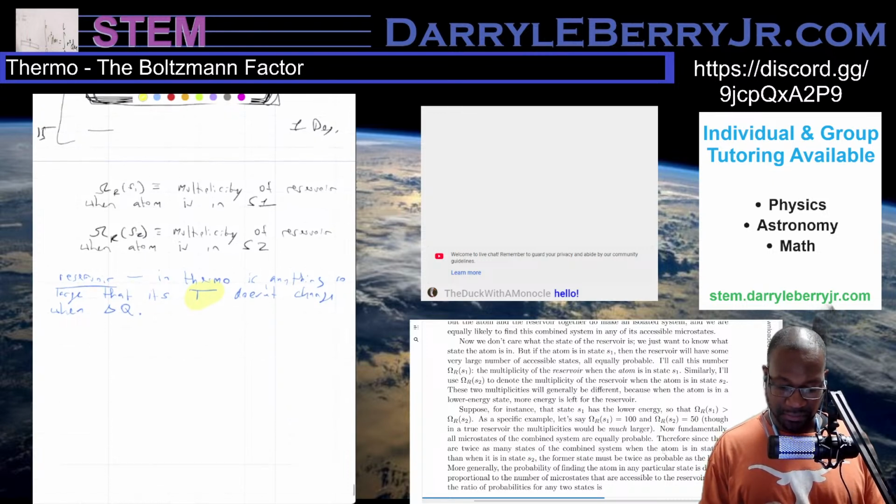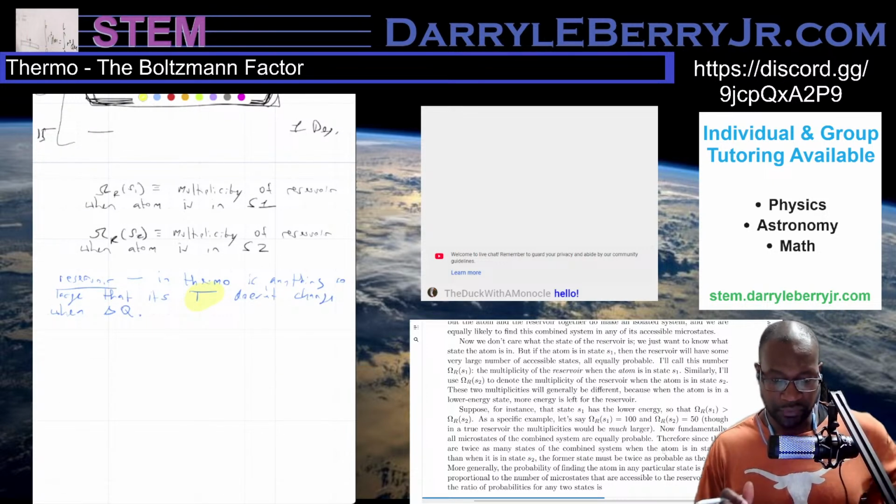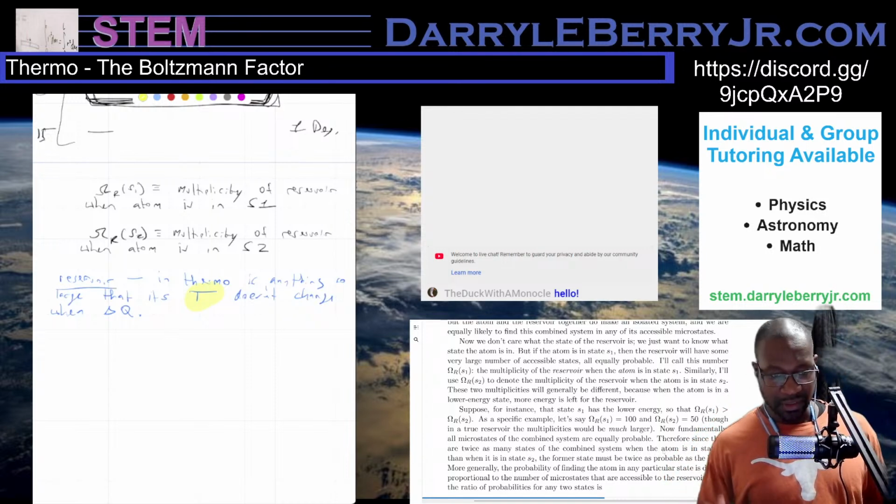All right. So an atom is in a lower energy state. More energy is left to the reservoir, so it does have more energy. It's just that the temperature does not noticeably change.